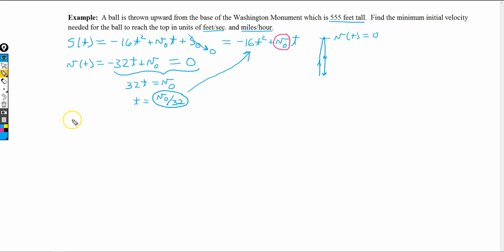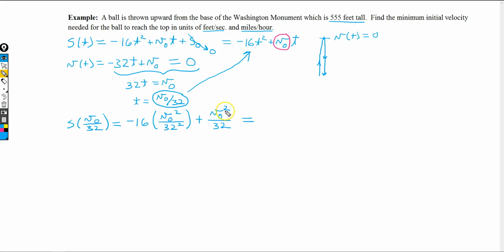So now s of t will equal, so there we put this quantity v naught divided by 32 in for the t here and over here, and this is what we get.